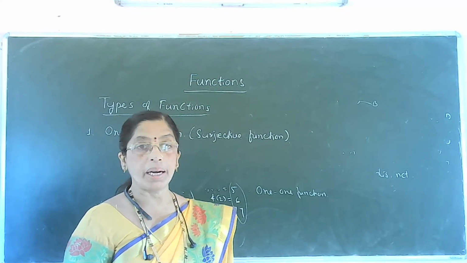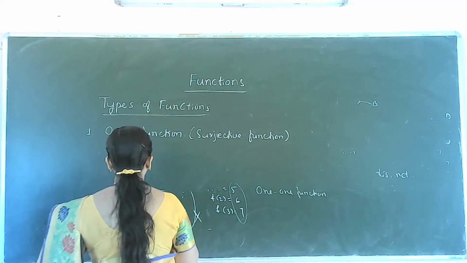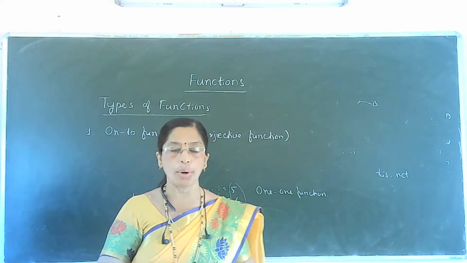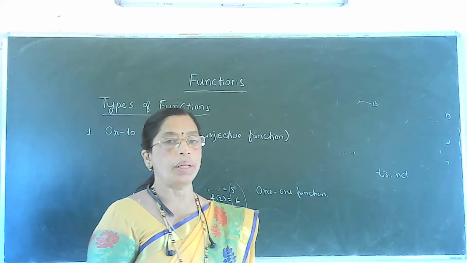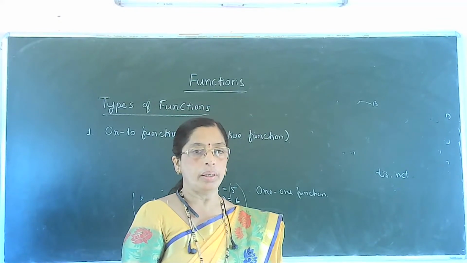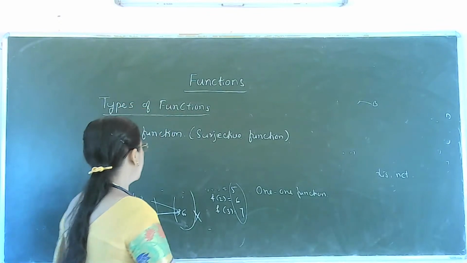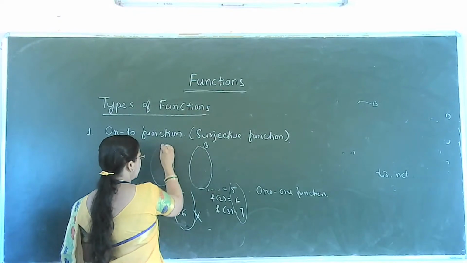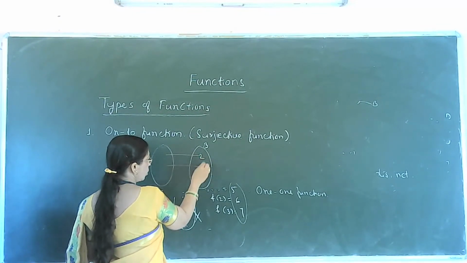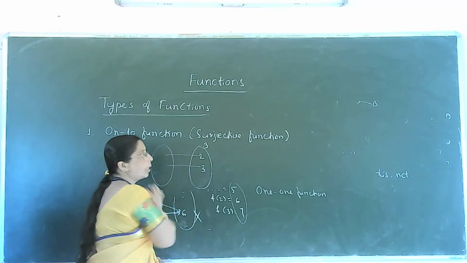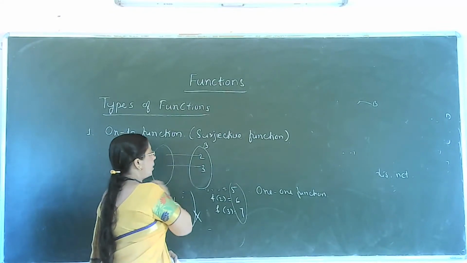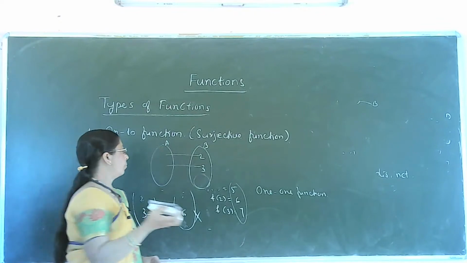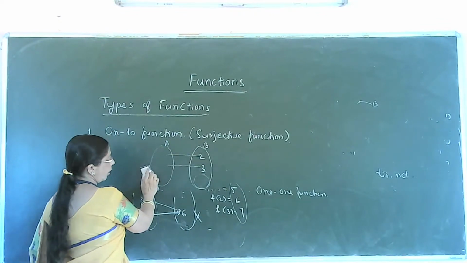Two elements may have the same image, but one thing is important here: all the elements of B, the codomain, should be images of elements of the domain. Every element of B should have a preimage. There should be no element remaining like that.